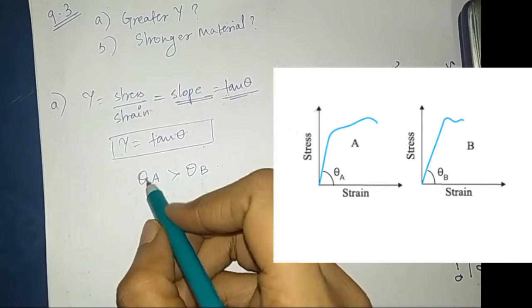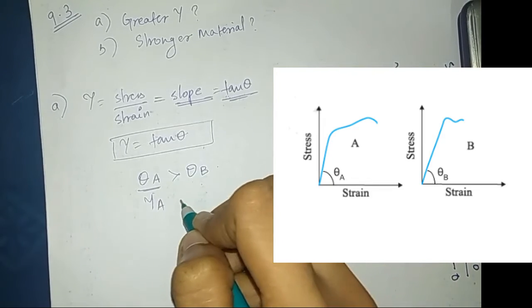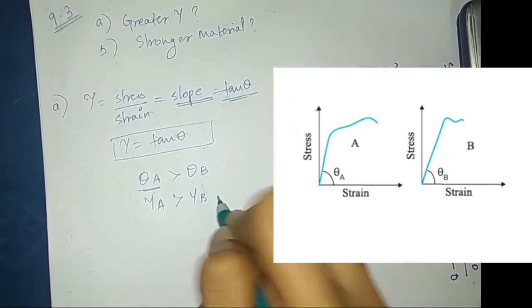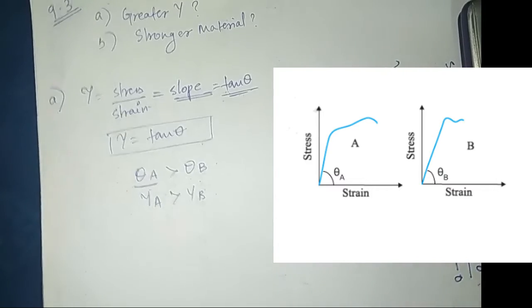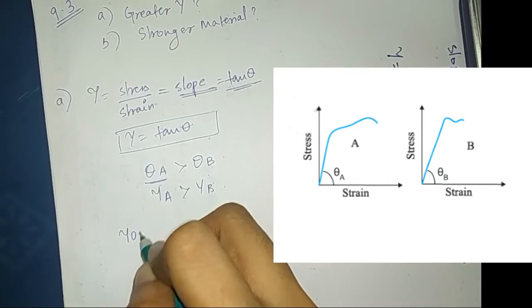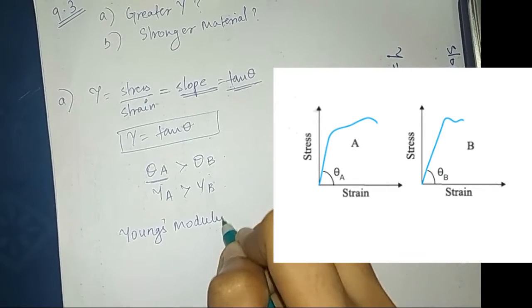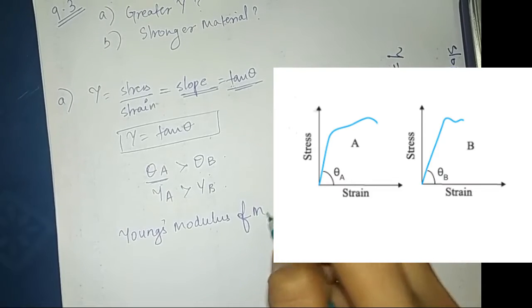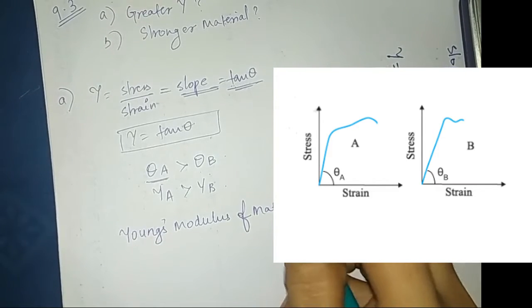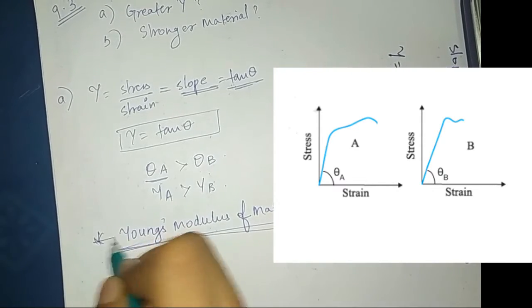So that's why theta of A is greater than theta of B, and hence Young's modulus of material A will be greater than Young's modulus of material B. So we got the answer: Young's modulus of material A is greater compared to that of B.